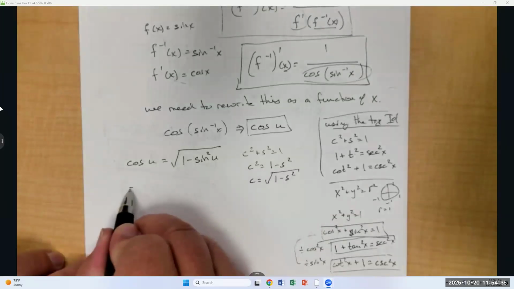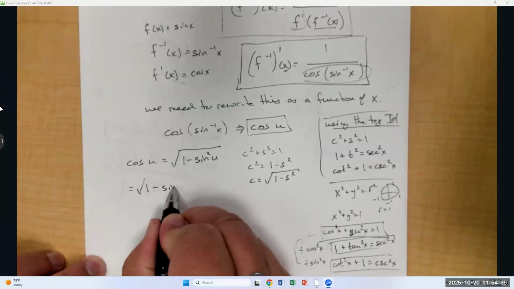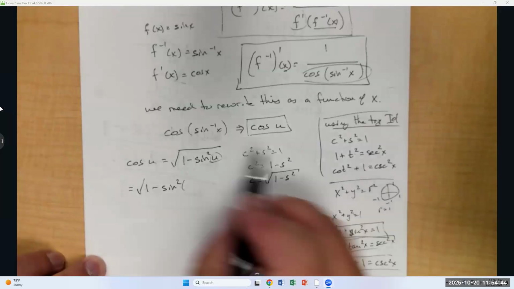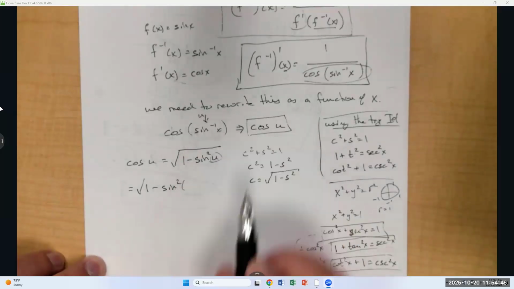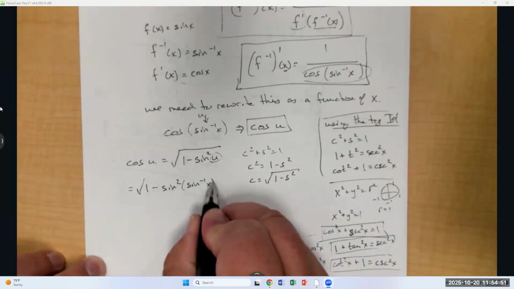Okay, so let's expand that. We have 1 minus sine squared of u, where u is inverse sine squared.